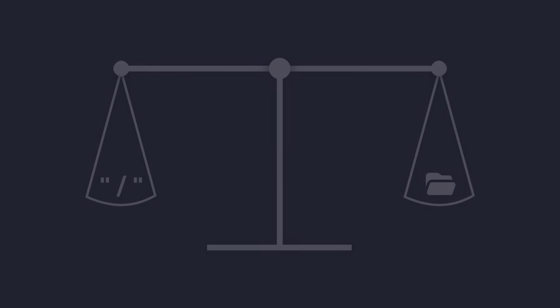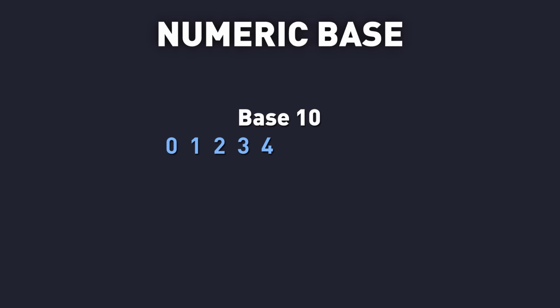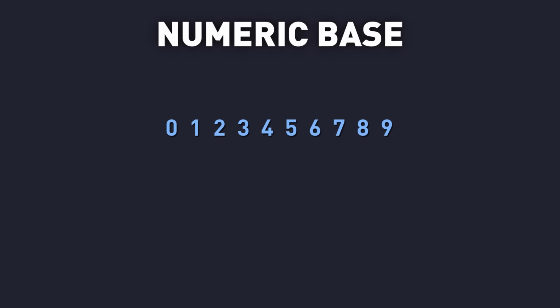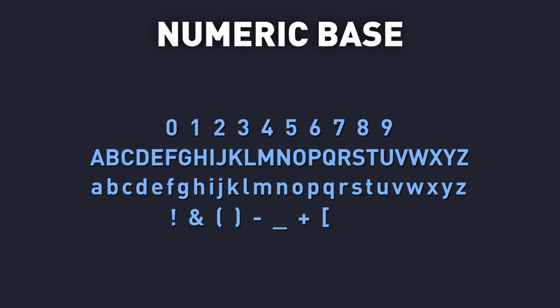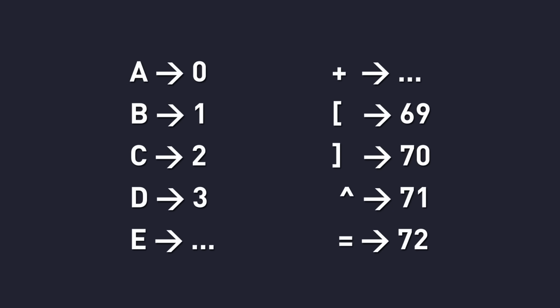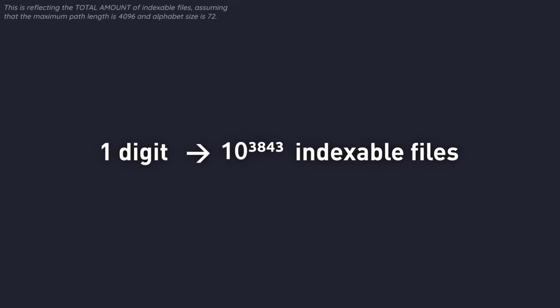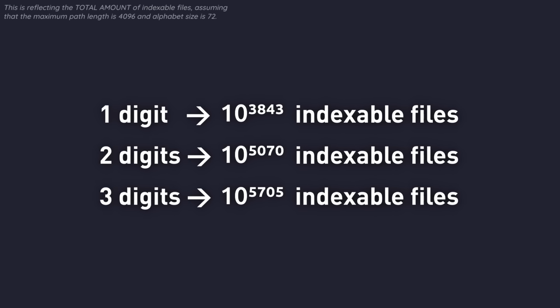One parameter we can tweak is the numeric base. So far we've been working in base 10, which has 10 digits, but a file name could consist of more than just numbers. It can have uppercase and lowercase letters as well as some symbols. From this, we can create an alphabet where each valid symbol corresponds to a sequential number. This way, with just one character, we already have way more combinations than before, and with 2 or 3 characters, the amount of combinations explodes.